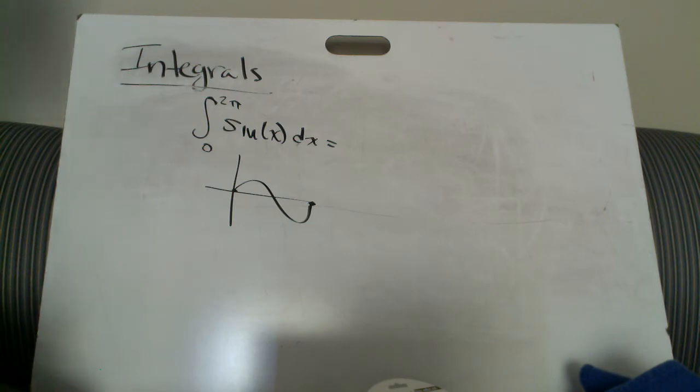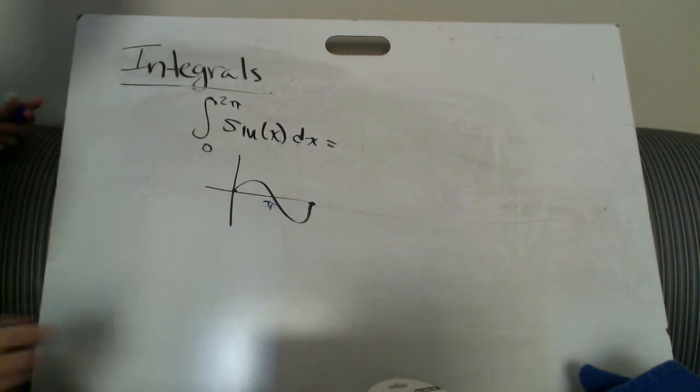And it's tough because this region isn't really a half circle, and I don't know what it is, and I don't know what this one is either, but I do know things about sine. I do know that the graph itself has really nice symmetry to it. And I know that it goes through 0 right at pi.